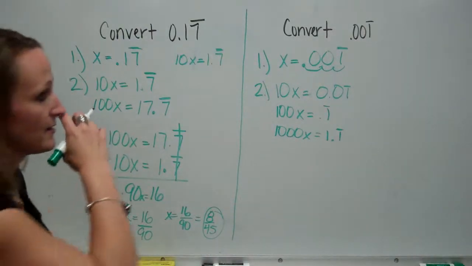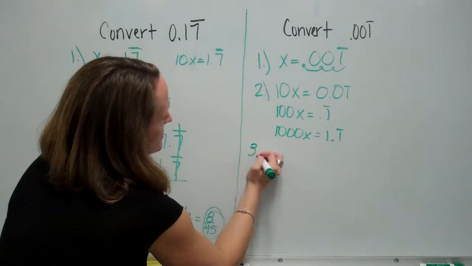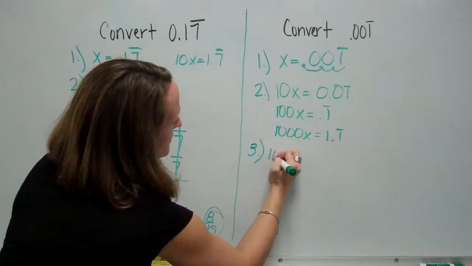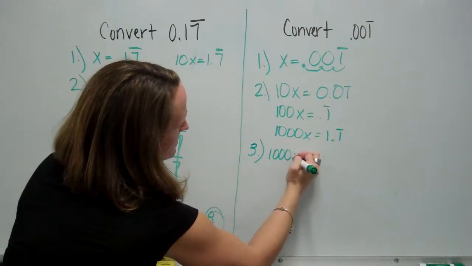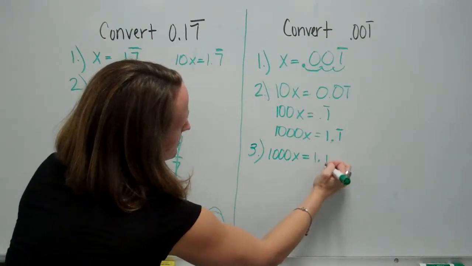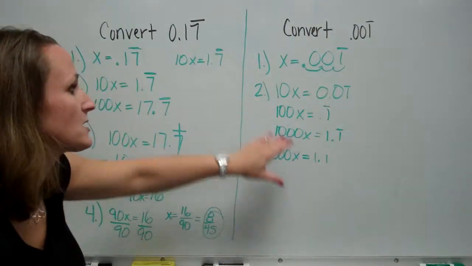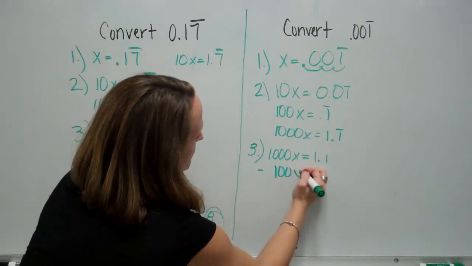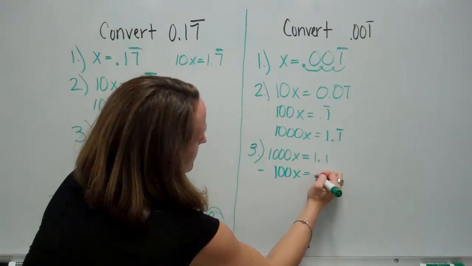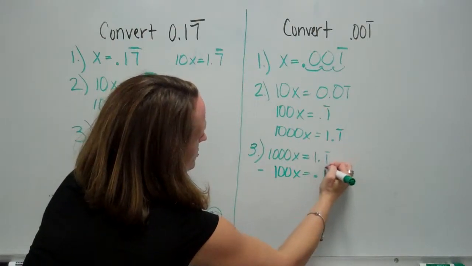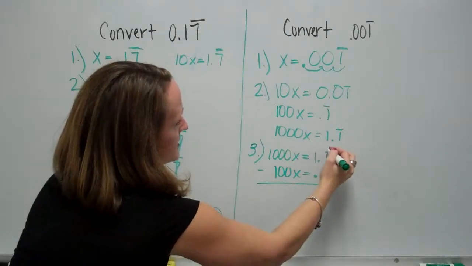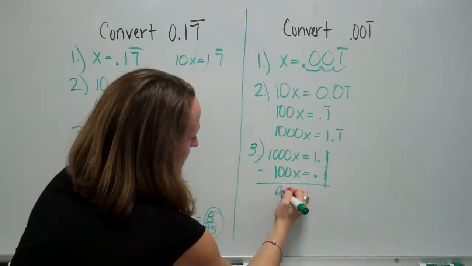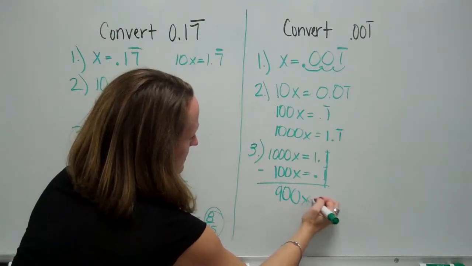to multiply by. So now that I'm going to go to my subtraction step, I'm going to do 1000x minus, I'm going to do my next closest equivalent equation of 100x. Okay, here's my repeating decimals. These will cancel. I'm going to get 900x equals 1.